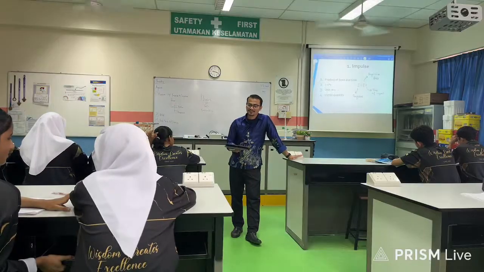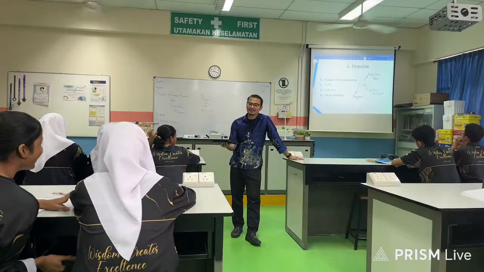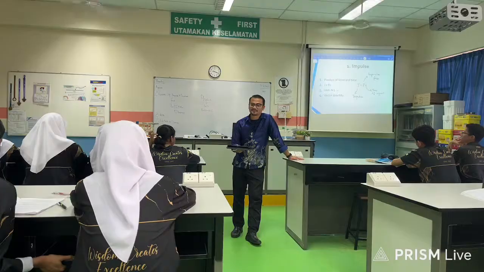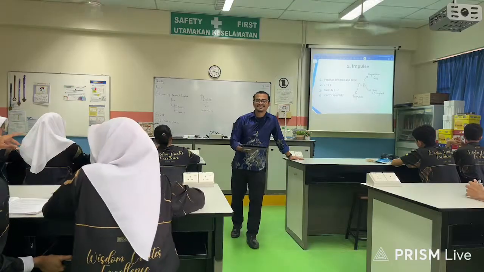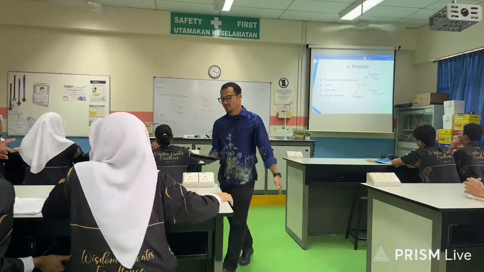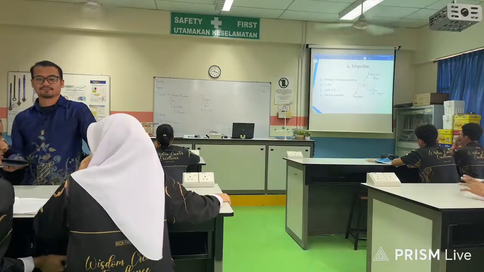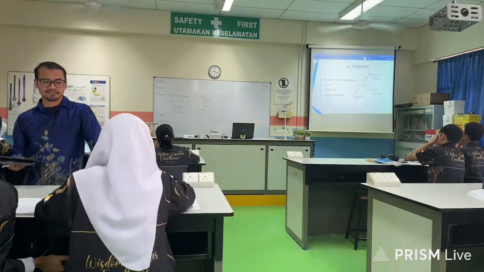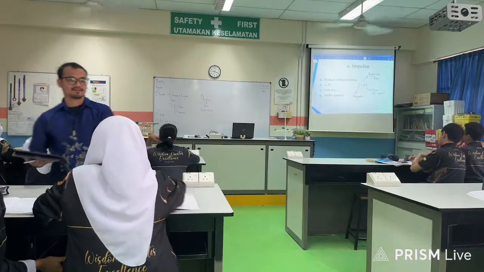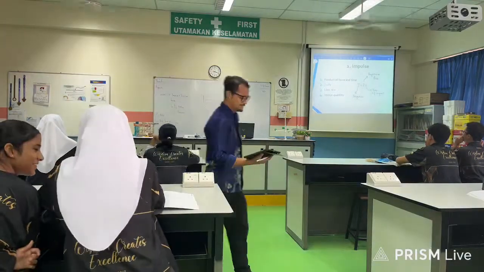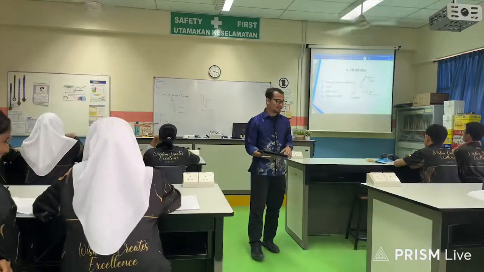Okay? So the vector quantity, what is the difference between scalar and vector quantity? Ayman Mardiah? Difference between scalar quantity and vector quantity. Vector and direction. Okay, good. Right? So that's the difference.